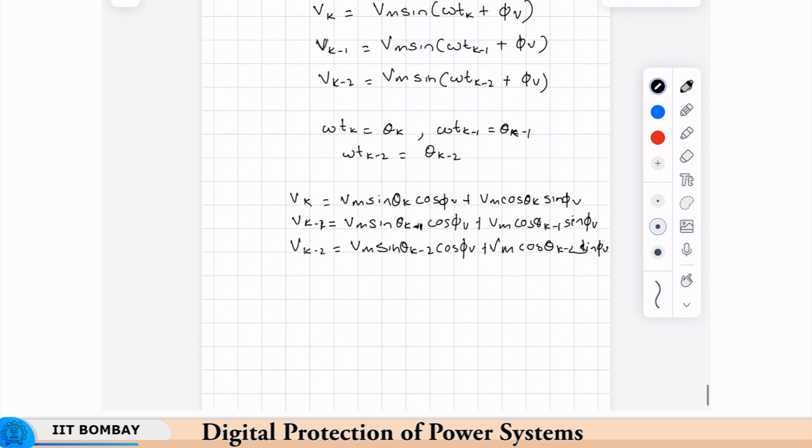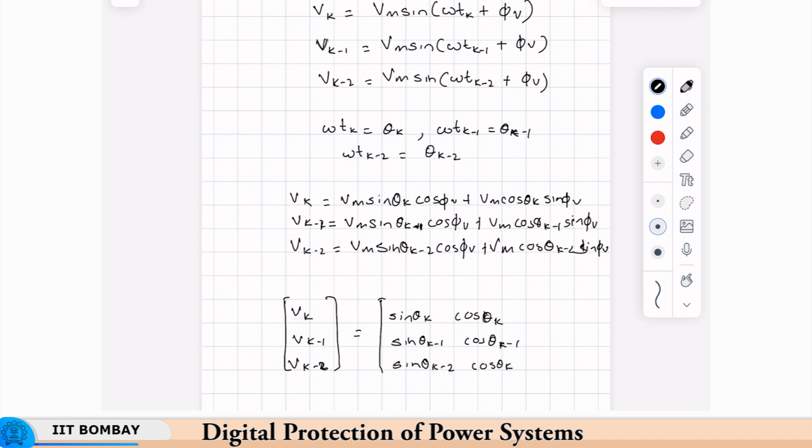We will write a similar set of matrices like last time. So we have Vk, Vk minus 1, Vk minus 2, these are subscript notations, then the rows sin theta k, cos theta k; sin theta k minus 1, cos theta k minus 1; sin theta k minus 2, cos theta k minus 2.